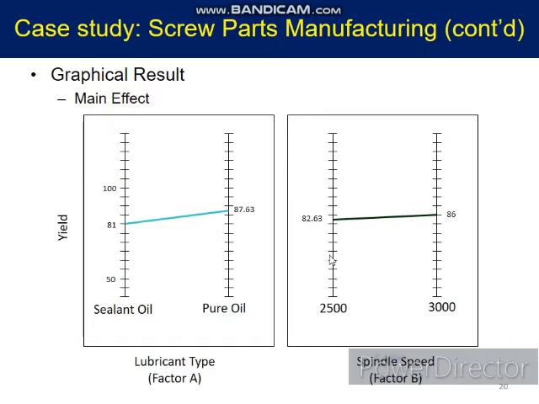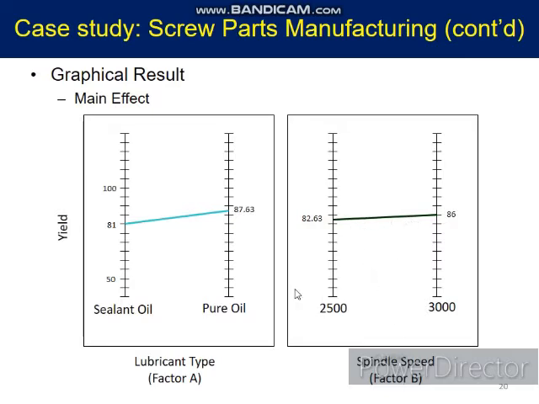If you look at these two, you can judge the significance of the main effect by looking at the slope of these two lines. For factor A, the slope is much steeper compared to the spindle speed slope.